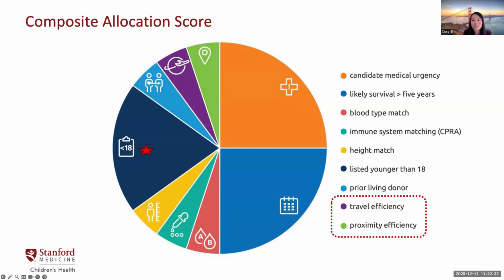These are the categories that are included in that CAS score, with some categories remaining static between each match, while others change with each match run. I have highlighted that there is a strong pediatric advantage, but this advantage is largely included to level the playing field when we think about the paucity of pediatric donors when compared to adults.